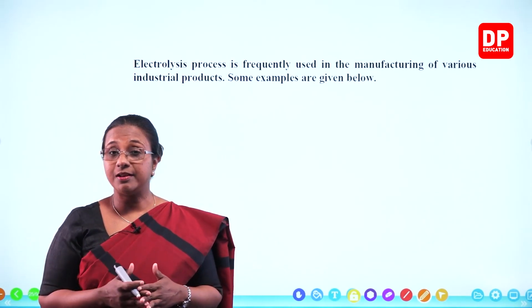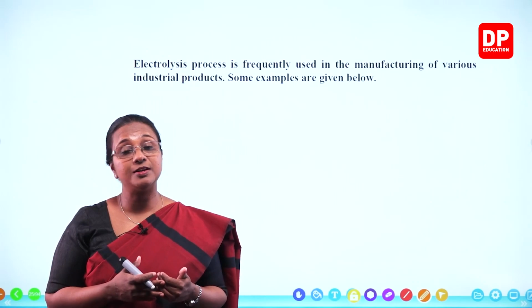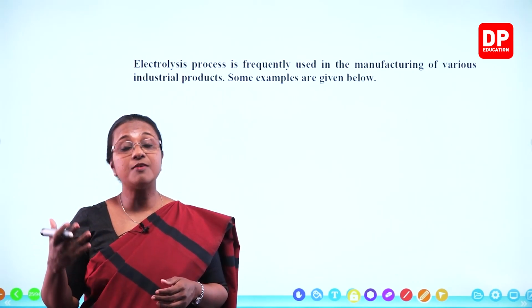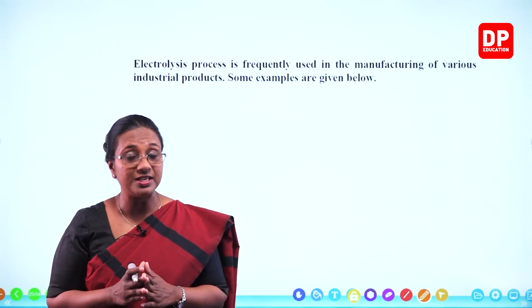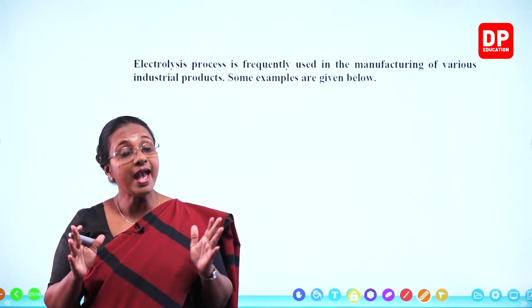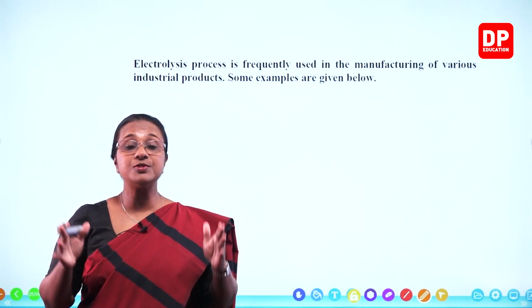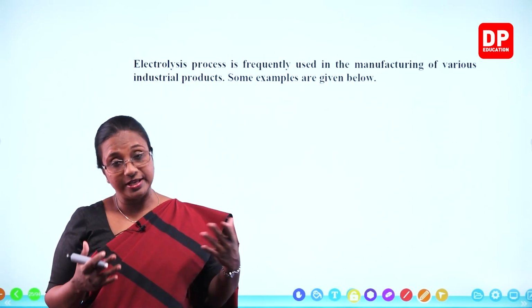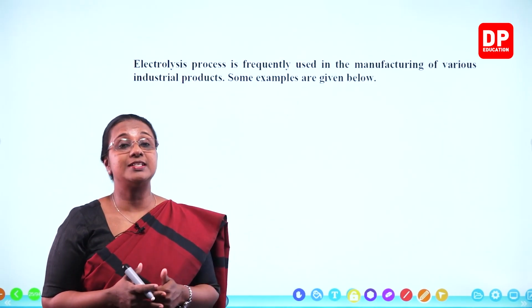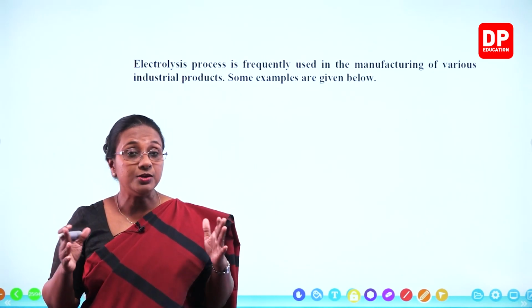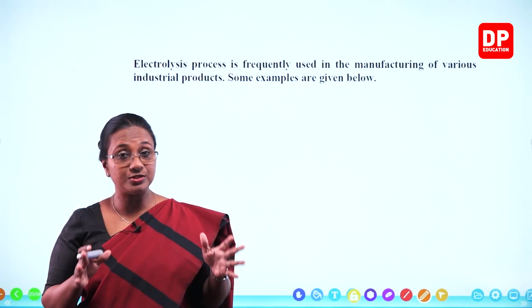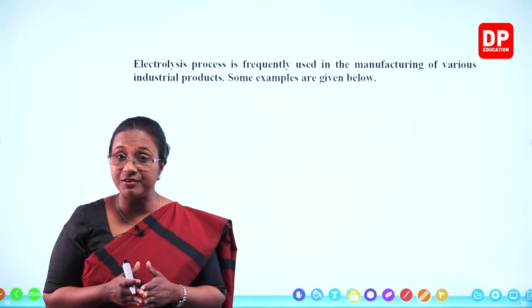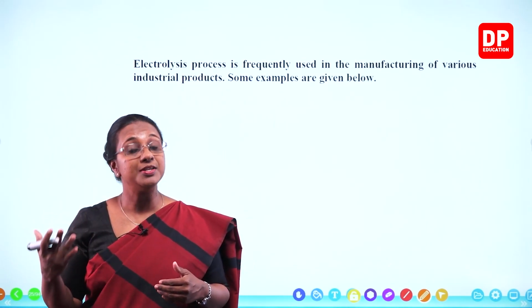For example, you can remember electrolysis of acidulated water, then electrolysis of copper sulfate. In all these, you also want the observations. Here we use similar electrodes, or they can be different when it comes to industrial processes. Based on how the electrodes are connected to the dry cell, that is the battery, they become charged.